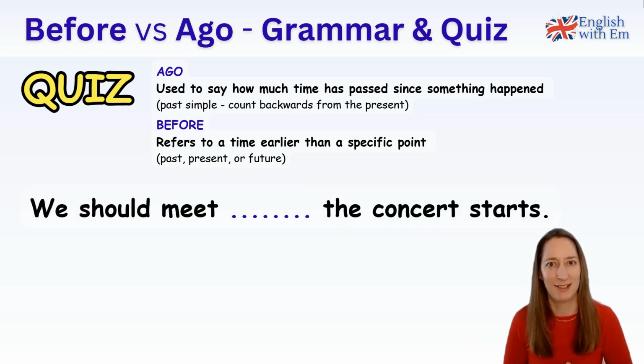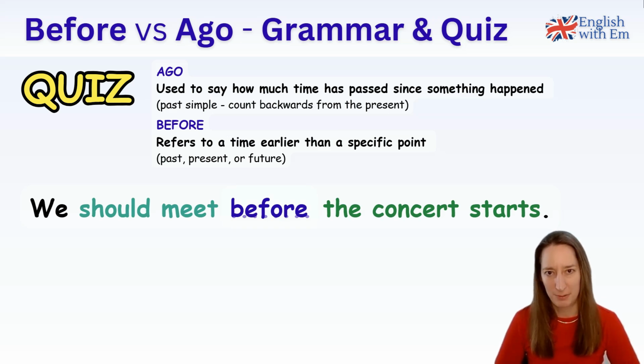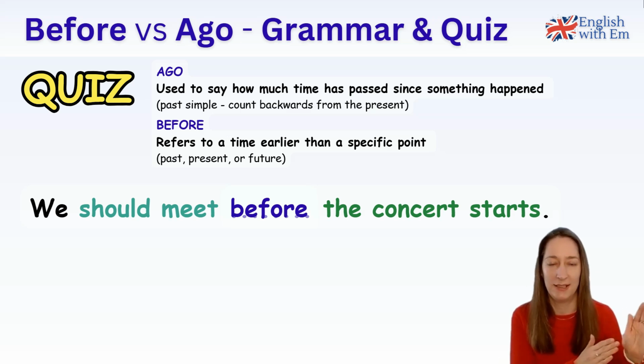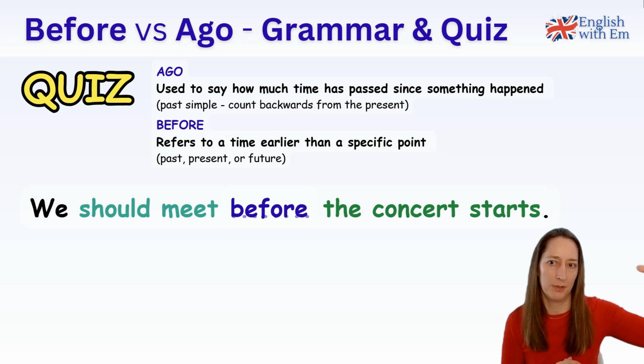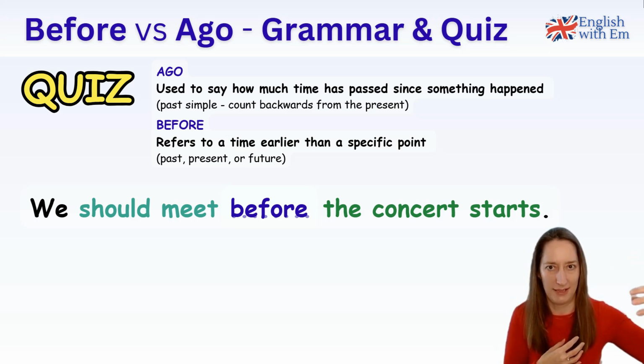The concert starts. Before. We should meet before the concert starts. So here we're using before to talk about the future. So the concert starts is our specified future point, and we should meet at a time earlier than that.